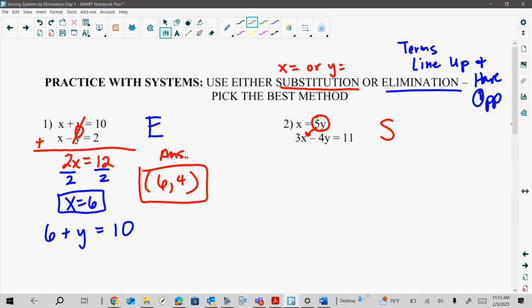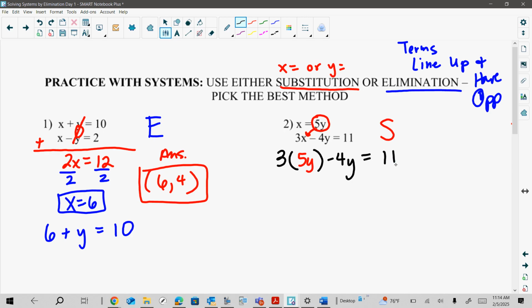Put it in your spiral. All right, it goes on the next page. So on number 2, we have substitution. So let's see if you can write correctly using substitution. So I'm substituting the 5y. Yep, 3 parentheses, 5y minus 4y equals 11.